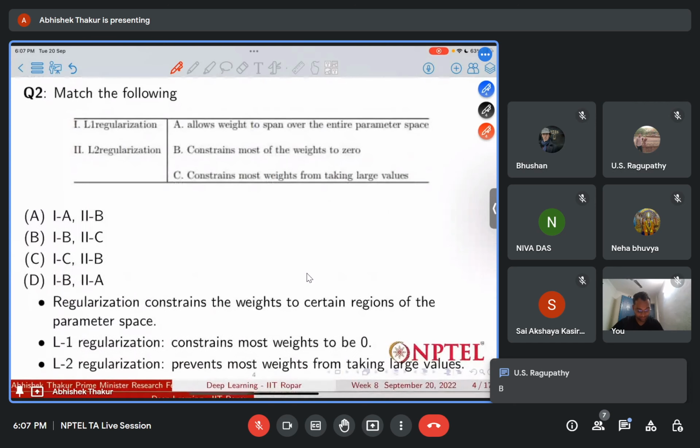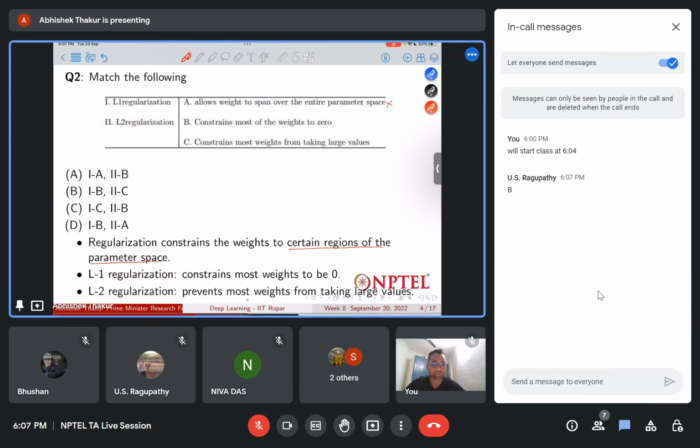Based on this, we'll see which option is correct for L1 regularization. The first one allows weights to span over the entire parameter space. This is wrong because regularization constrains the weights to certain regions of the parameter space. Someone commented option B, that looks correct. B is constrains most of the weights to 0.